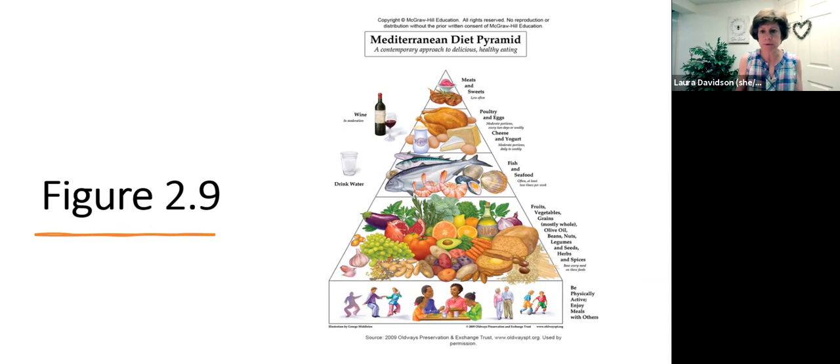So many positives from this diet. It's not the only healthy dietary pattern. A vegetarian diet, a traditional Japanese diet, a Nordic diet. There are many patterns that can bring good health. We tend to see that these patterns rely on plant-based foods, however, and quite often fish more than red meat.